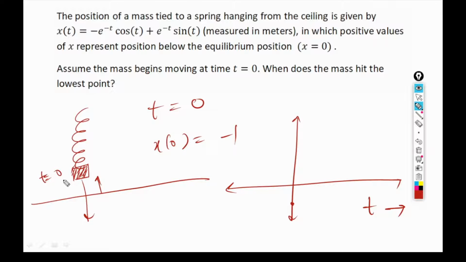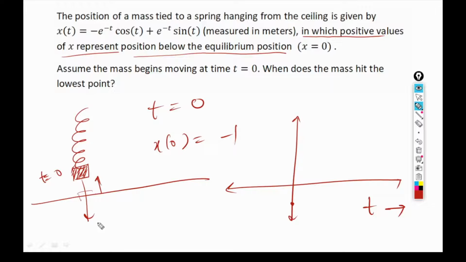But once we drop this mass, it will come down. So the value of x will increase, because the more it comes down, the more distance it has from the equilibrium position, and distance downwards gives the value of x, because positive values of x represent the position below the equilibrium position.